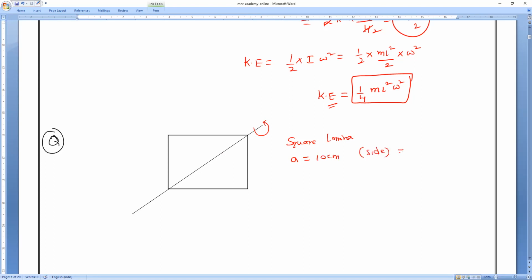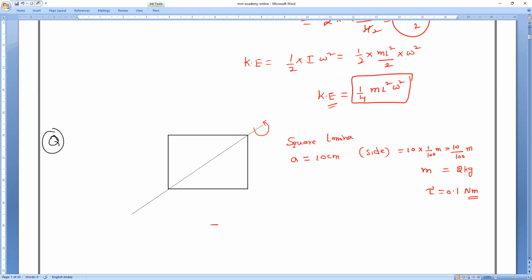So 10 centimeter means how many meter? 10 into 1 by 100 meters, which is equal to what? 10 by 100 meters, 0.1. Yes, you can take that, no issues. And whose mass m is equal to 2 kg, and where torque tau is equal to 0.1 newton meter. So this is what it is.